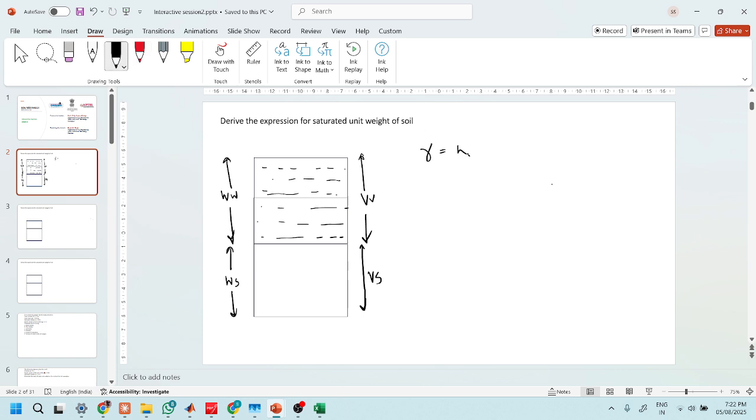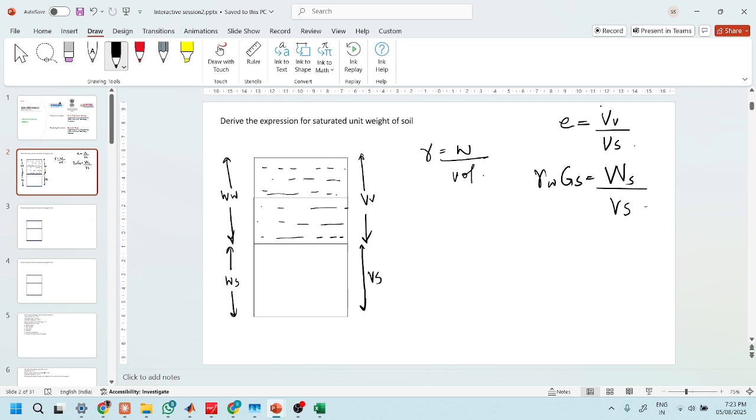Gamma is weight by volume. Void ratio will be volume of voids by volume of solids. And here Gs is gamma s over gamma w, where gamma s is weight of solids over volume of solids.